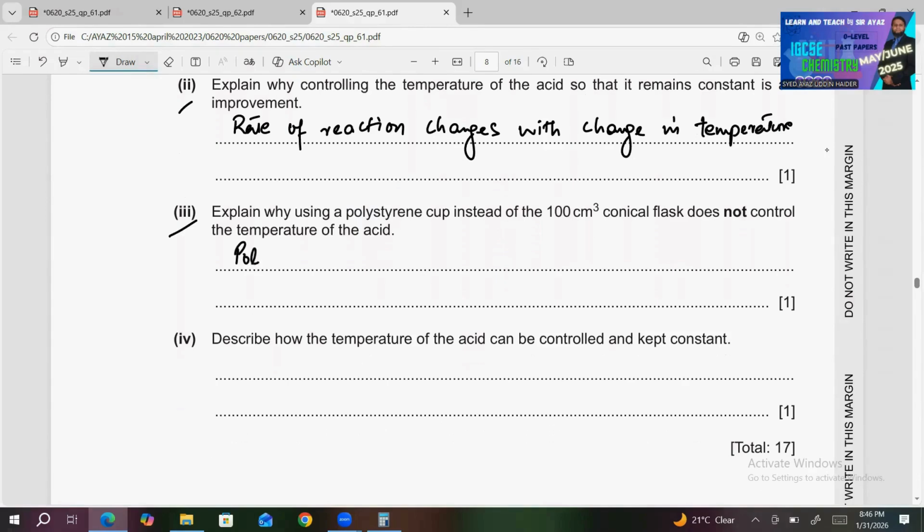You're going to write polystyrene is an insulator and therefore prevents heat escaping.